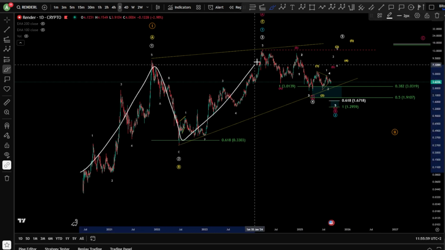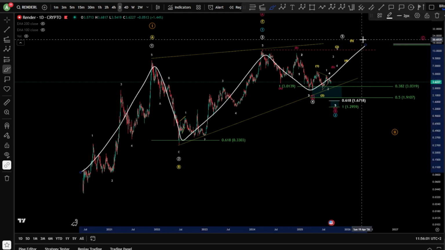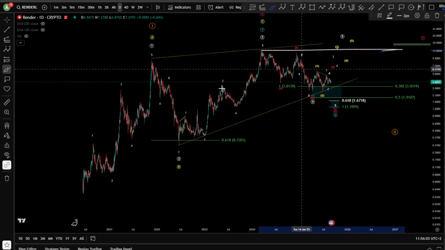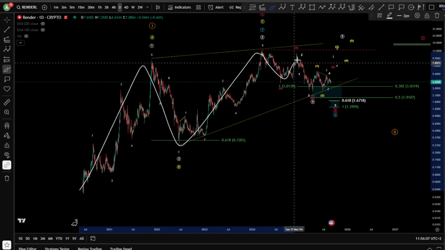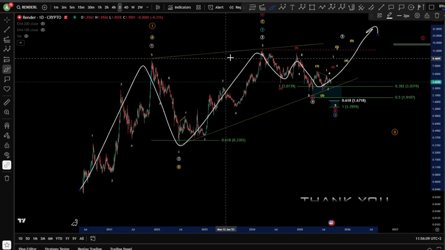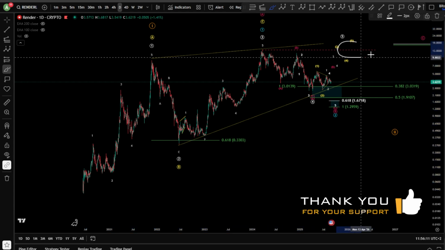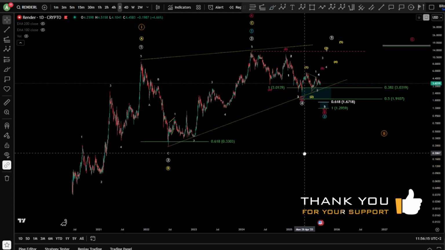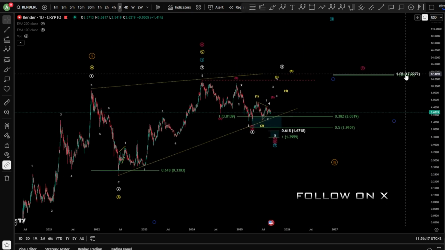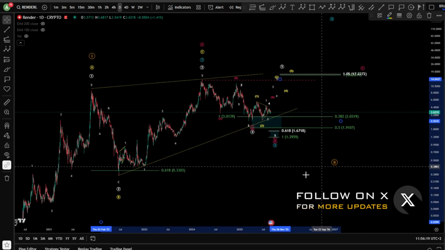Another scenario is a 1, 2, 3, 4, 5 for leading diagonal wave 5 to take the all-time high as well. And finally, 3 waves up, 3 waves down, and you're looking here for a wave C toward the upside also, of course, to take the all-time high. Meaning, again, the target for Render is at least to take the all-time high of $17.